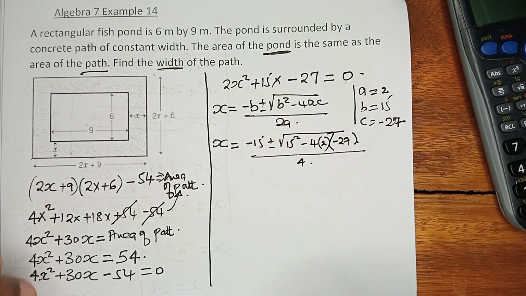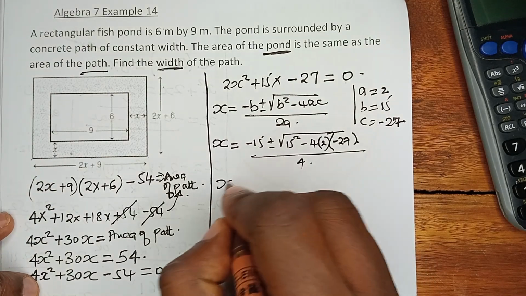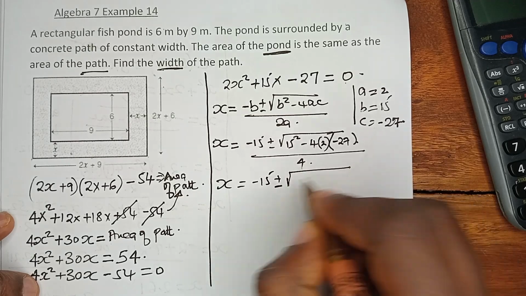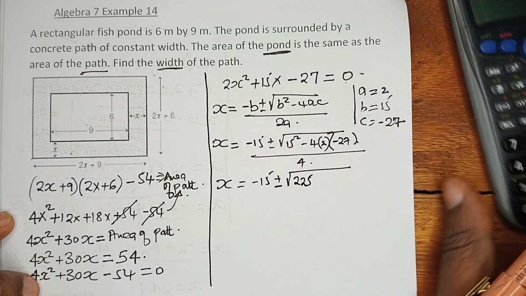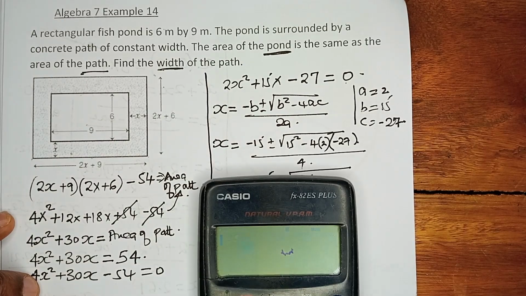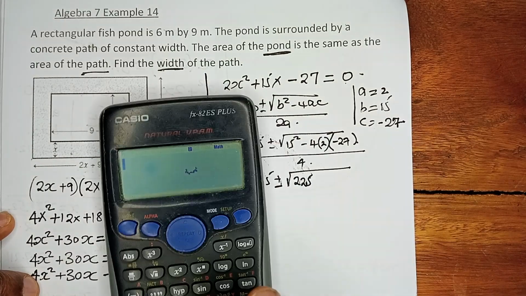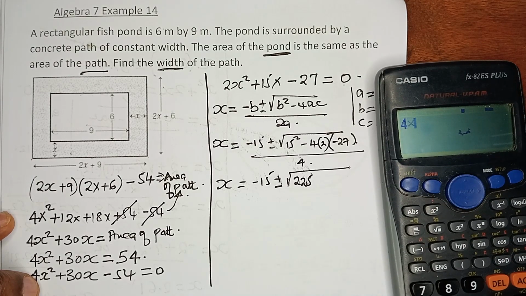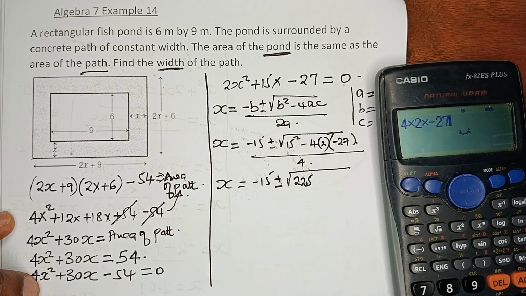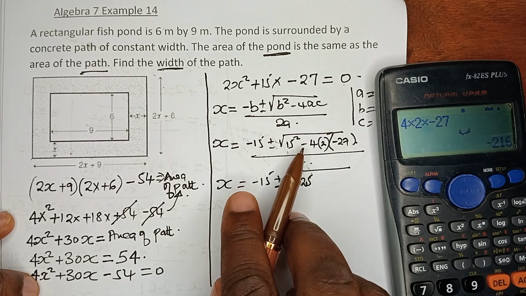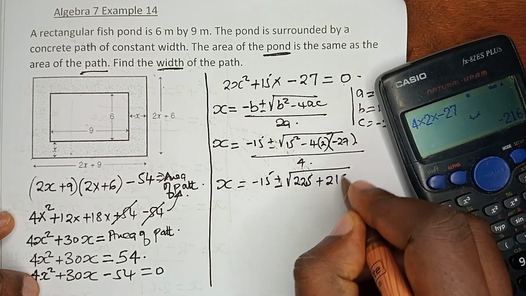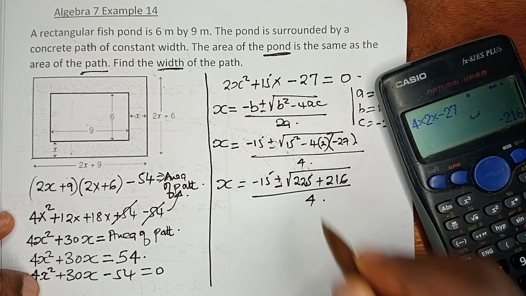So x becomes minus 15 plus or minus the root of 15 squared, which is 225, minus 4 times 2 times minus 27, which is negative 216, but it is subtracted. So minus minus becomes plus 216, everything over 4.